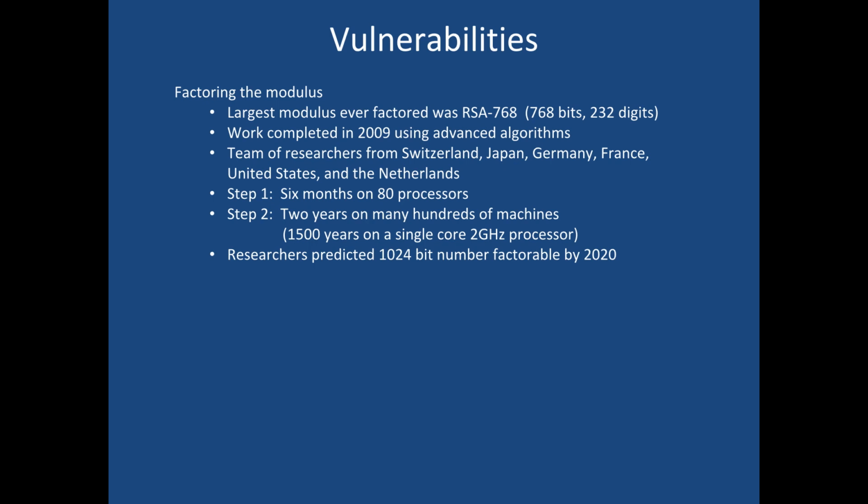And that was part of the impetus to abandon moduli at that length and go to longer ones. So anyway, it takes a great deal of effort to factor just a 232-digit number. Now let me show you another vulnerability.